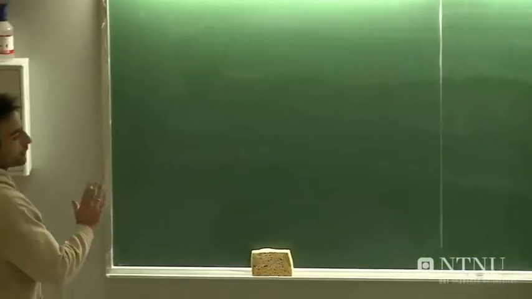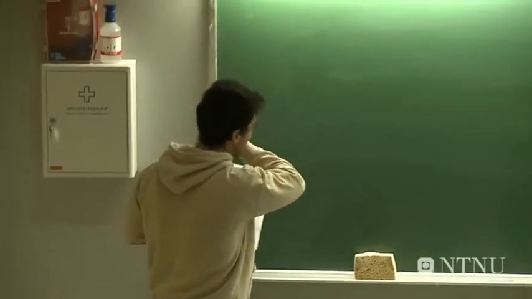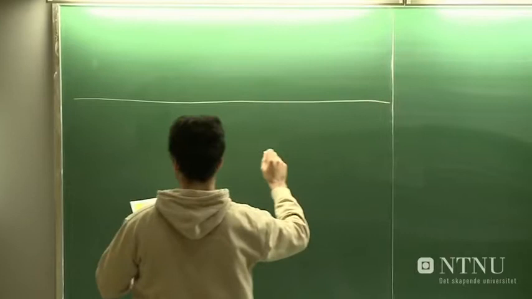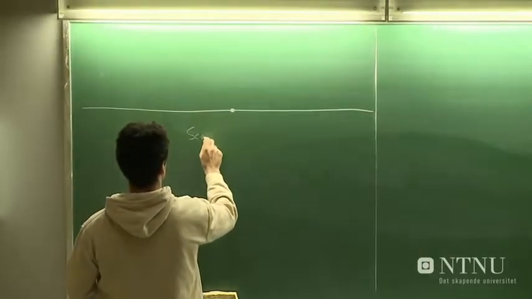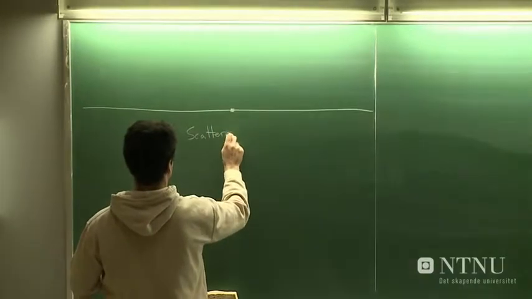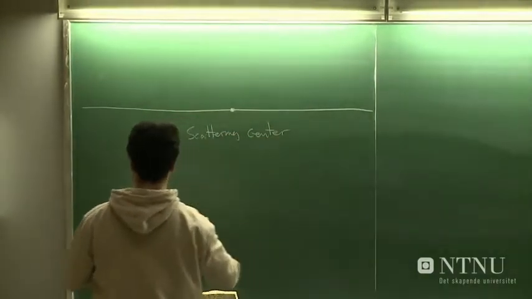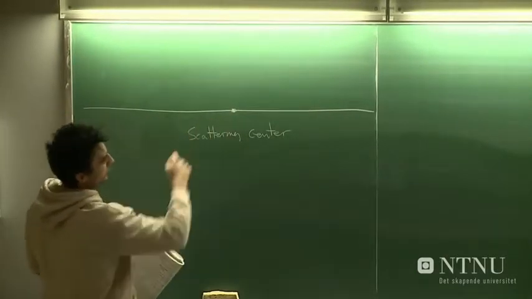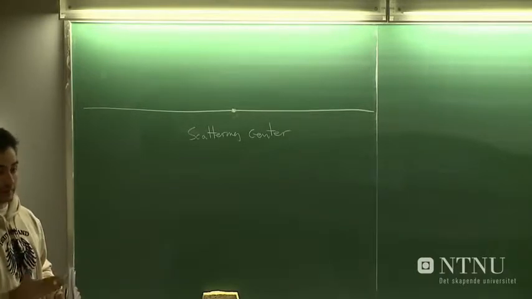Okay, so let's try to define geometrically the situation we're considering now. Assume we have some scattering center here. This is the origin of the potential, which gives rise to the force that is scattering the particles.